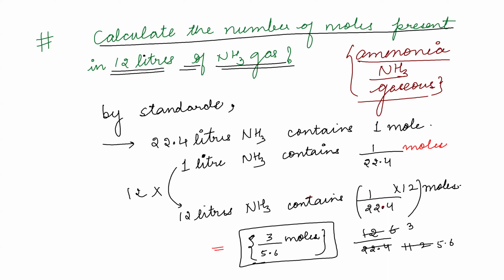So you get 30 over 56 because I removed the decimal. So I get 2 15s, so it's going to be 15 over 28. You basically get 15 over 28 moles of ammonia.